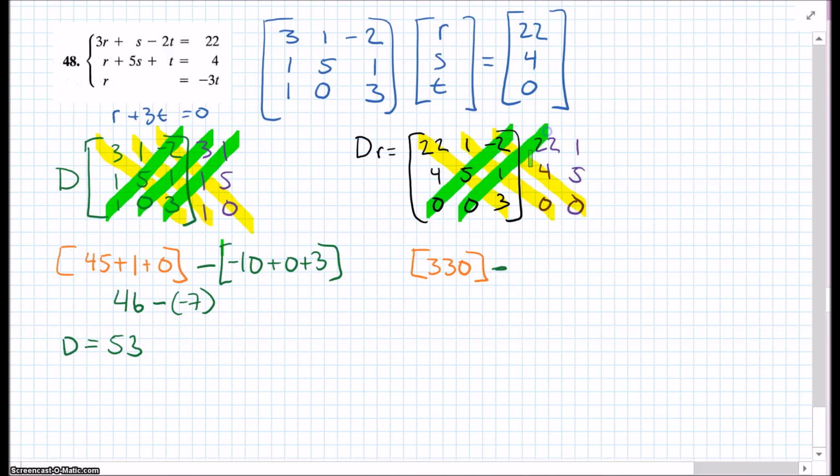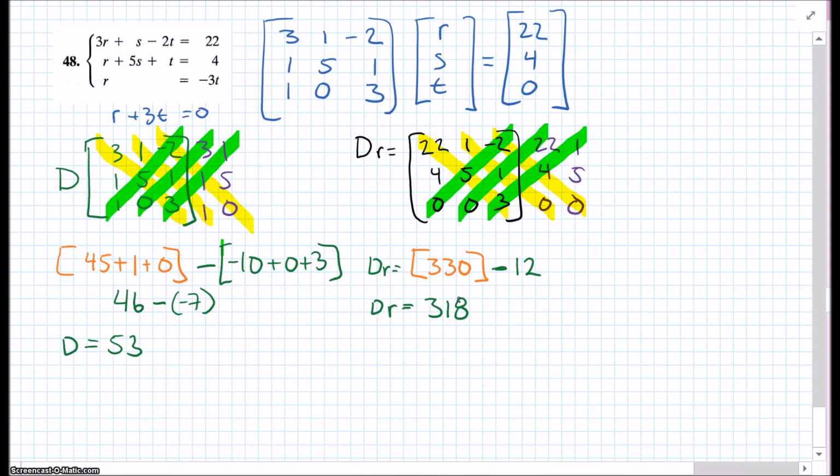That's 0, that's 0. So minus, it looks like 12. So D sub r is 330 minus 12. So D sub r is going to be 318.